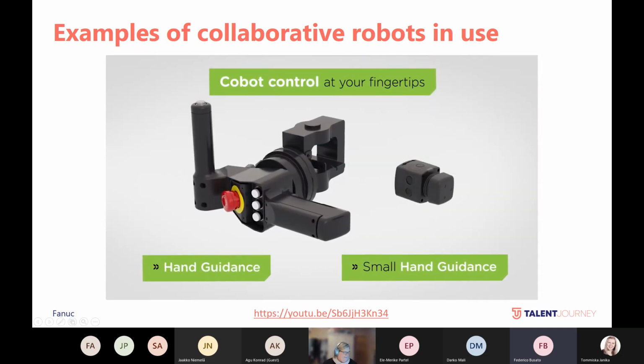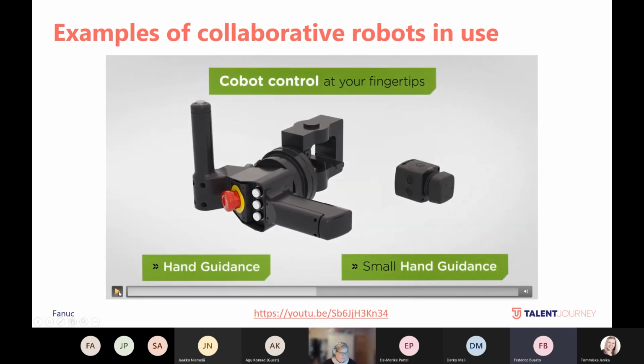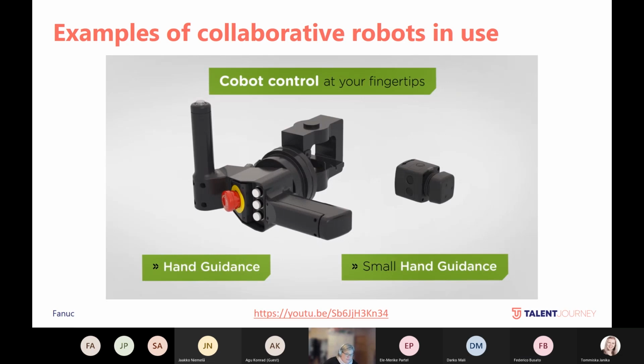Why are these both collaborative and non-collaborative? Can they be both, or is a robot born collaborative and never changes its scope? Very good question. Yes, they are both. Actually, most of these collaborative robots can also be used with faster speed, but then we have to have other safety equipment.